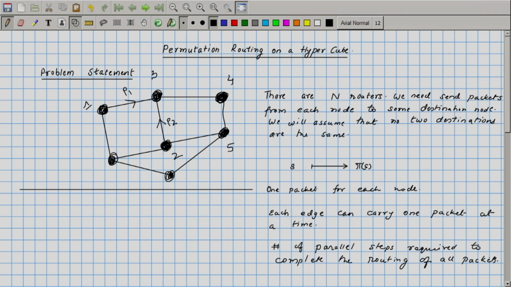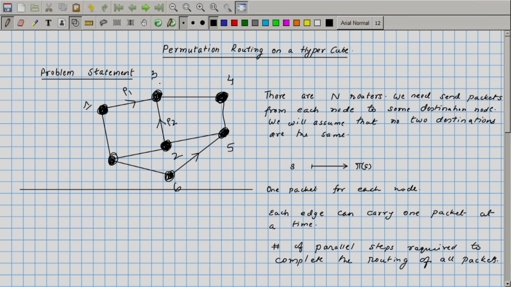If we have, let us say, a packet at 1 and a packet at this particular node 6, and one of them travels to node 3 and the other one travels to node 5, they can be carried out in the same time slot, and that will be viewed as a parallel step. Each node may be carrying some particular packet at a given time.